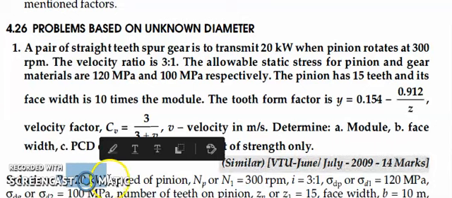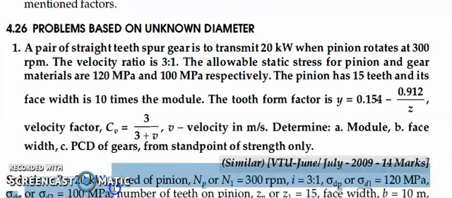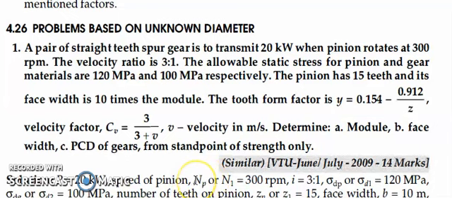And the speed of the pinion we can write as NP, NP stands for pinion, or we can write it as N1. Whatever it is, identify pinion and gear. So the value of NP or N1 is equal to 300 RPM.